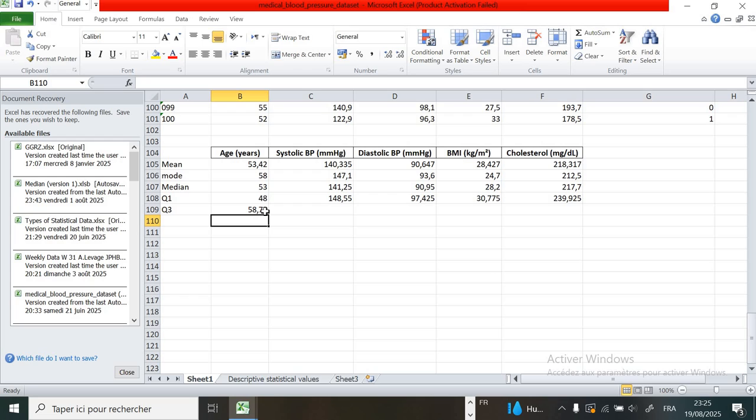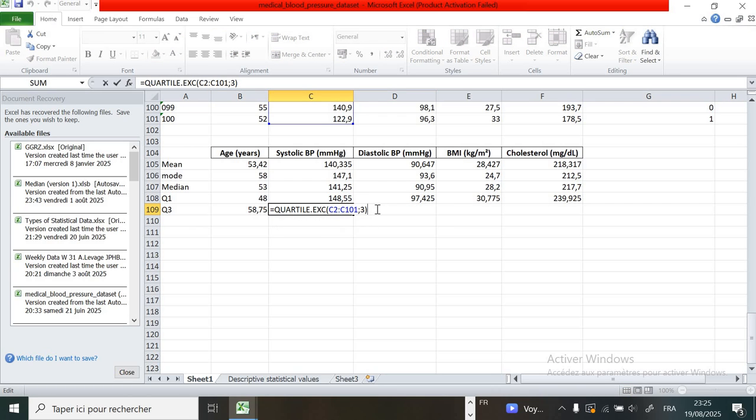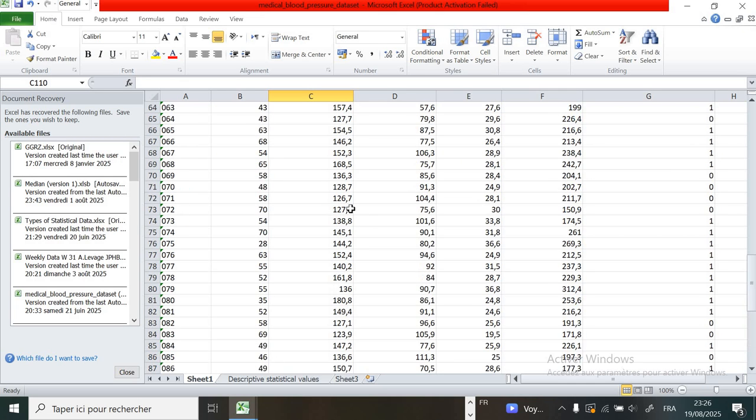That means 75% of patients have an age inferior to 58 and three quarters, and 25% have an age superior to 58 and three quarters. We generate that. The same here, 148.55.